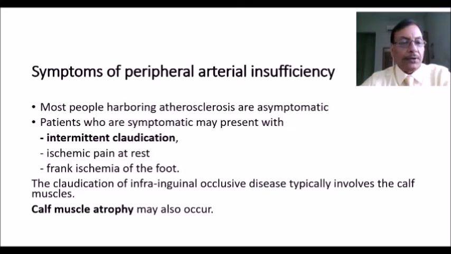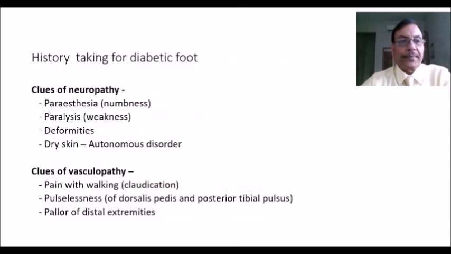Remember, the claudication of infrainguinal occlusive disease typically involves calf muscles, and in long standing cases there will be calf muscle atrophy.